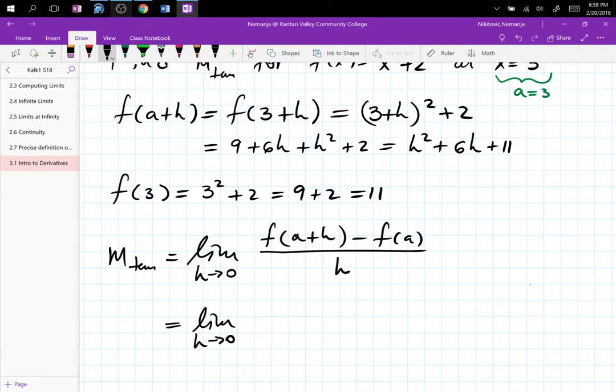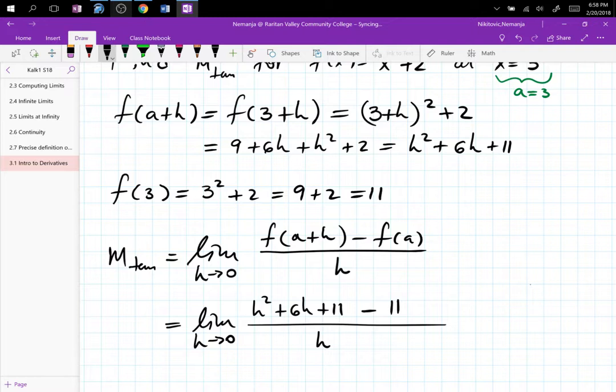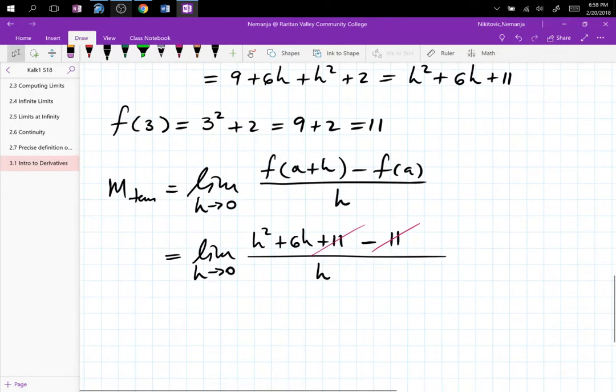Alright, so limit h goes to 0. Our f of a plus h is h squared plus 6h plus 11, minus f of a, which is 11, divided by h. These 11s cancel, and if you notice, the surviving terms all have h, and you can kick h out.